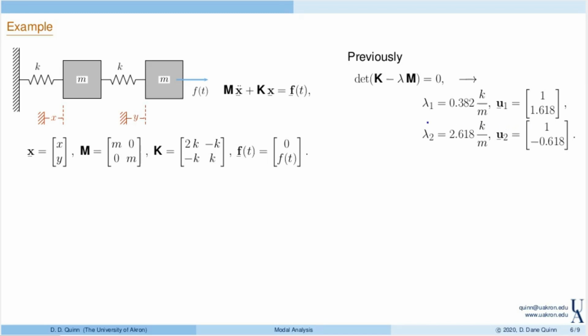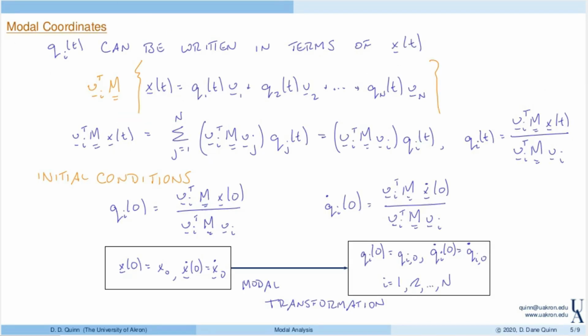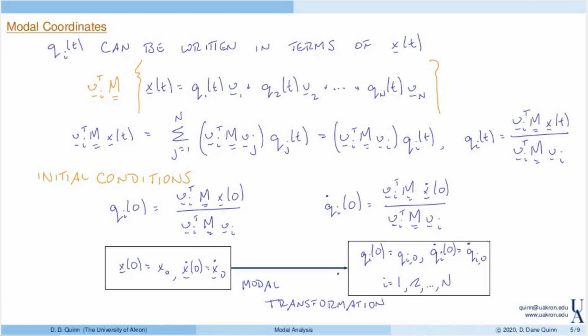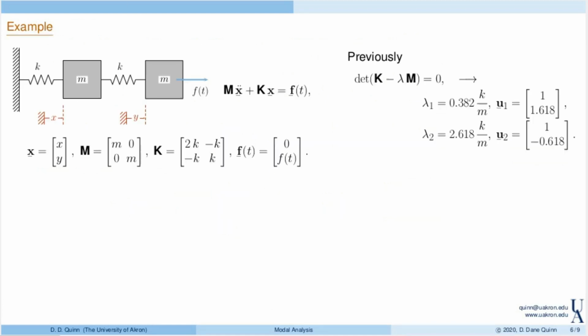So if we go back and look at what we had done previously, we have this quantity, u transpose times m times u, that appears frequently. It's in the modal forcing, and it's in the initial conditions. So let's go ahead and calculate that. That's something we're going to need as we solve for the response.